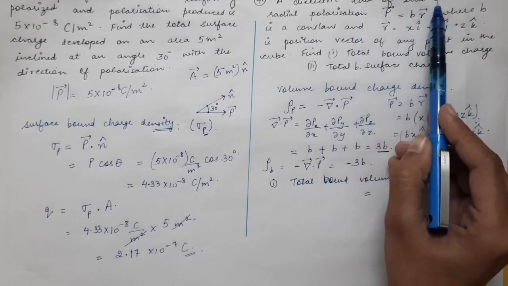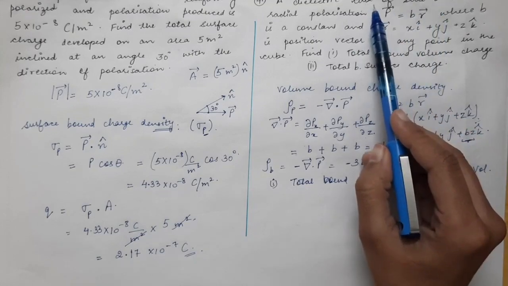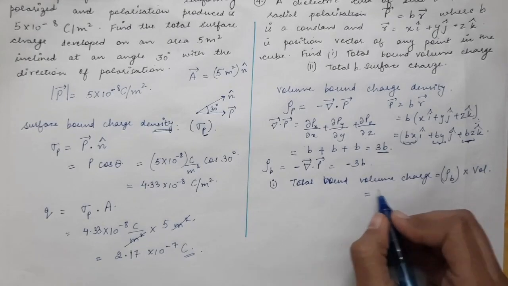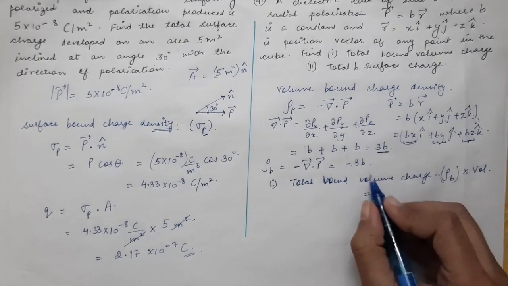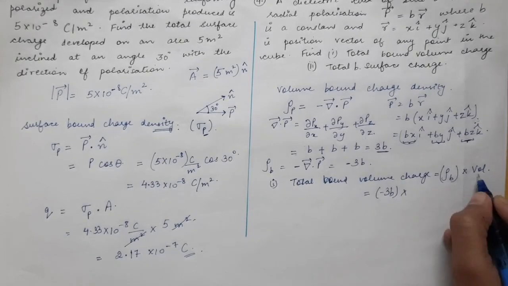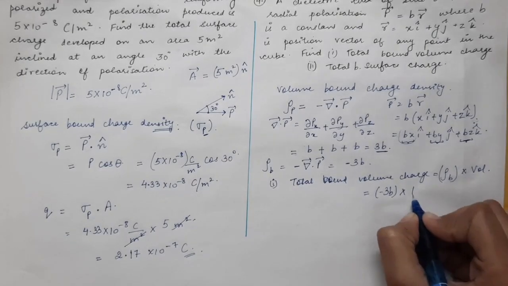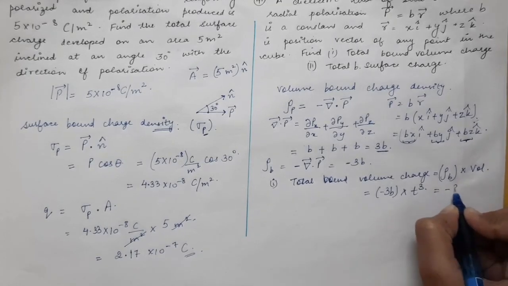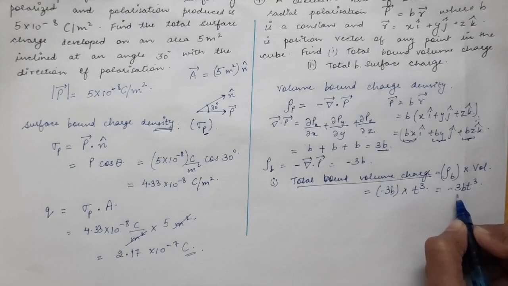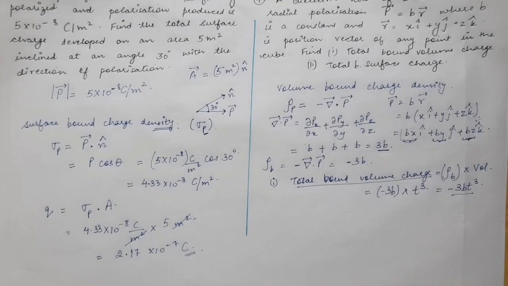Now the cube is given that it has a side of small t, so what will be the volume of the cube? It will be equal to t cube. So the total bound volume charge will be equal to minus 3b, which is rho B, into volume. Total volume is small t cube, so it will be equal to minus 3b t cube. So this is the total bound volume charge present in the cube.